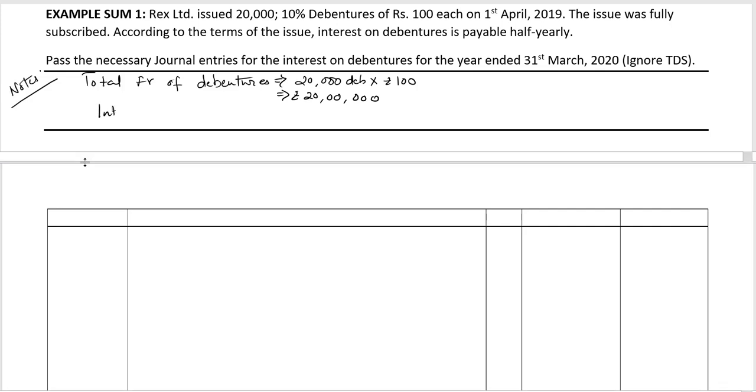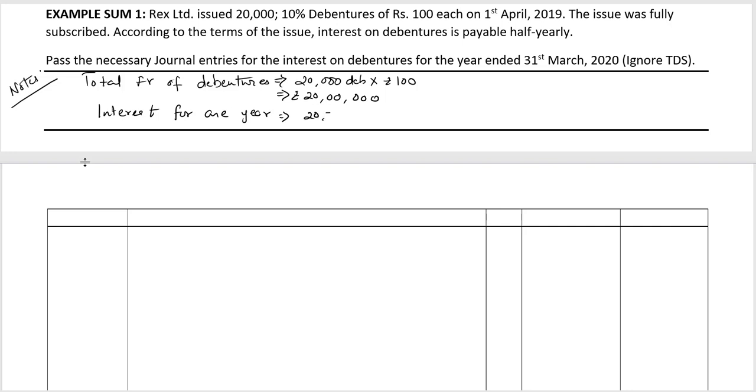The interest for 1 year is equal to 20 lakh rupees multiplied by 10%. The rate is 10%, so the yearly interest comes up to 2 lakh rupees.